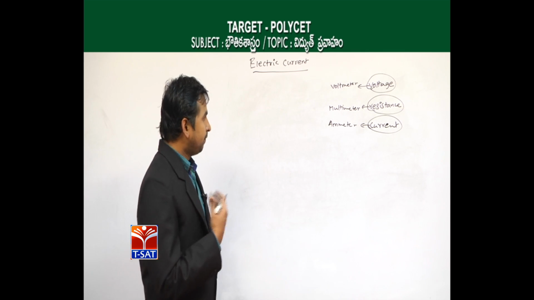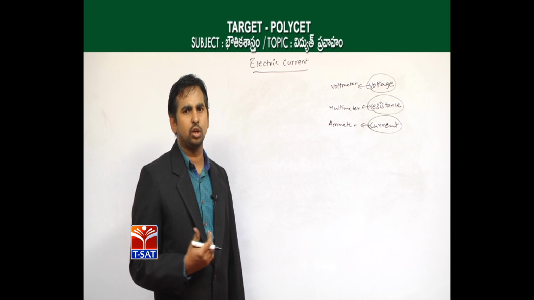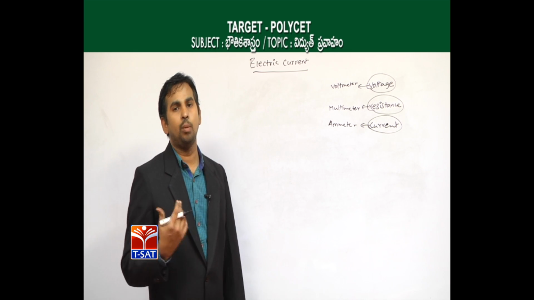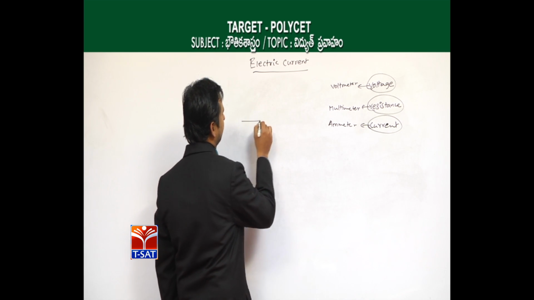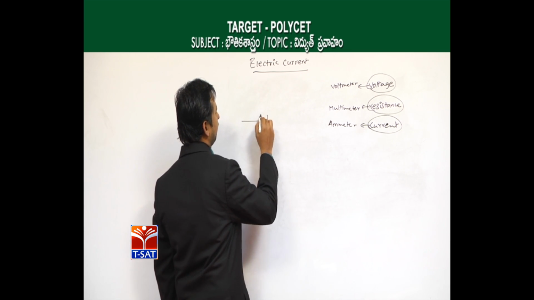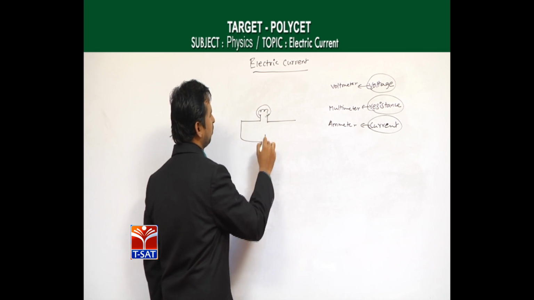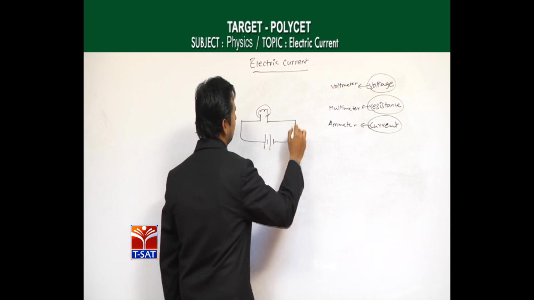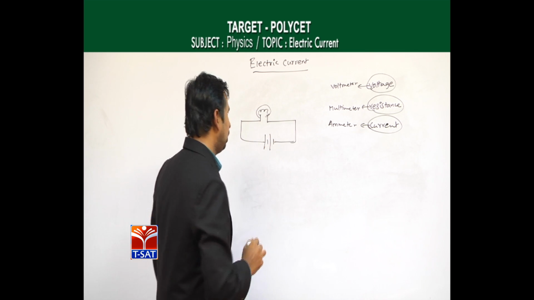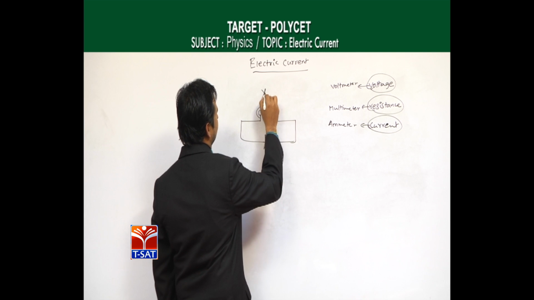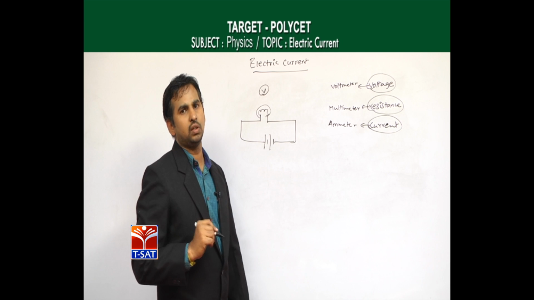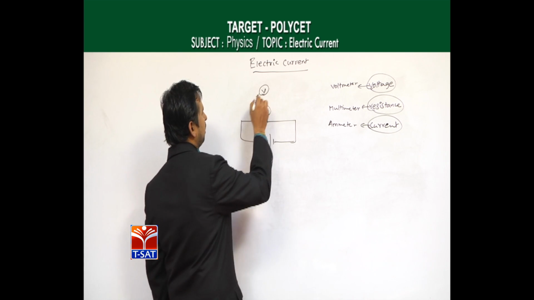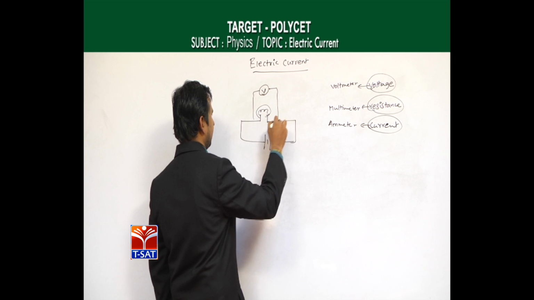So, if you want to find how much voltage is present or how much voltage drops at an electronic component, for example a bulb, we have to connect a voltmeter. The voltmeter is represented with the symbol V. We have to connect this voltmeter in parallel to the electronic appliance, like this.